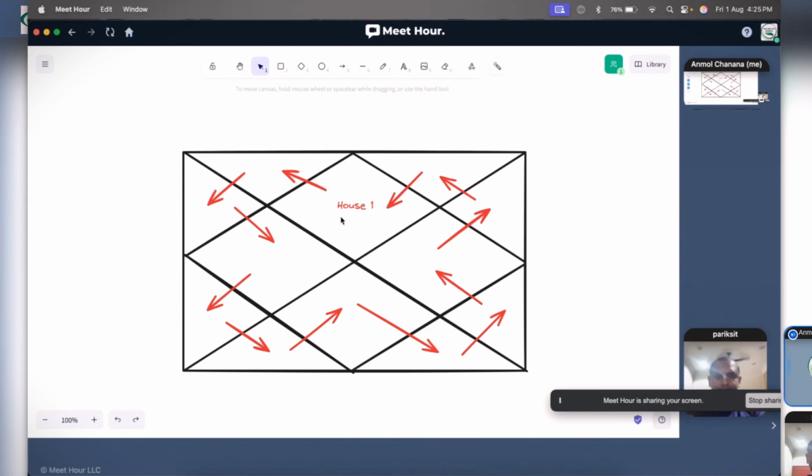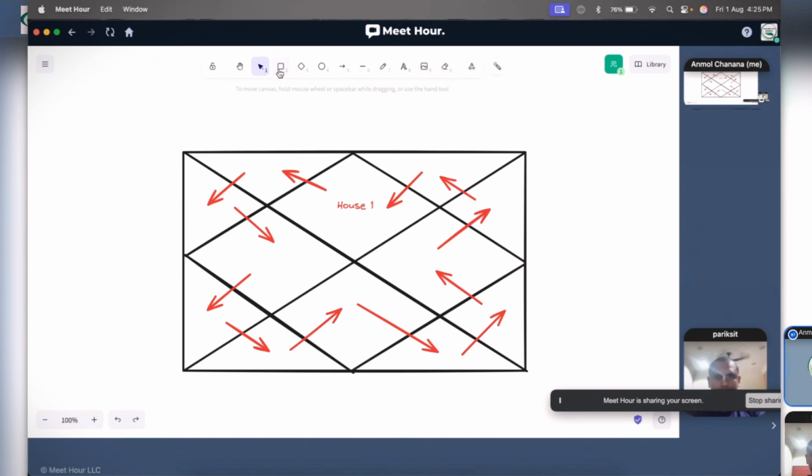So this house started from house 1, this 2, 3, 4, 5, 6, 7, 8, 9, 10, 11, 12. There will always be 12 houses, according to the zodiac signs we have: 12 zodiac signs, 12 houses. The same is the case in North Indian style.